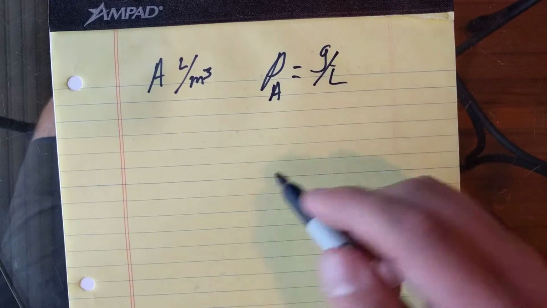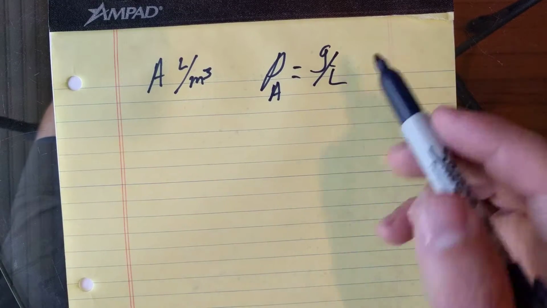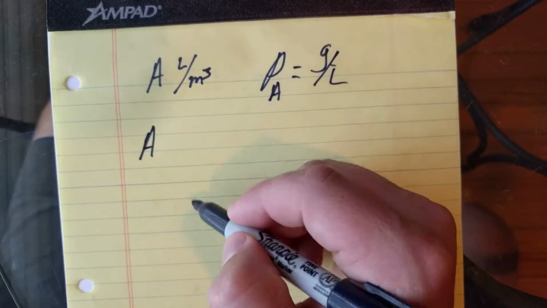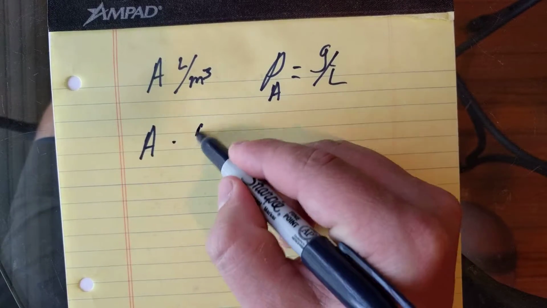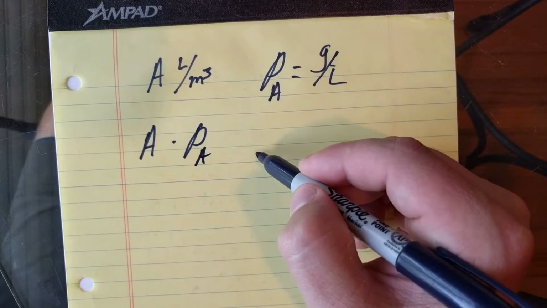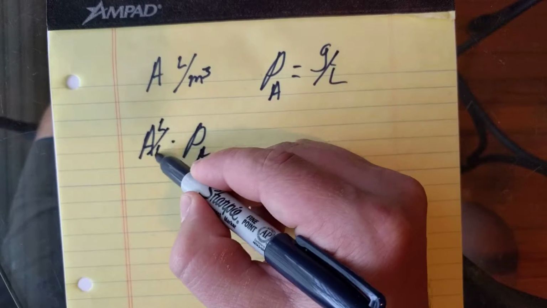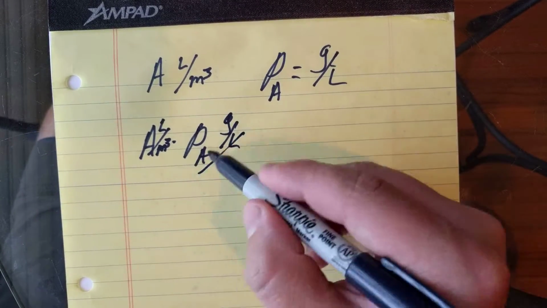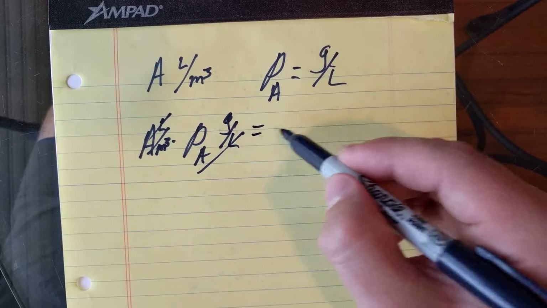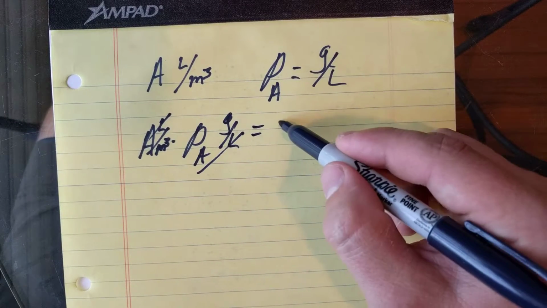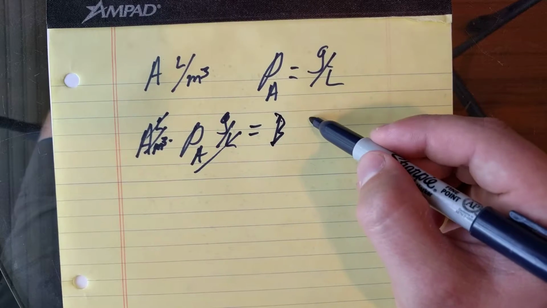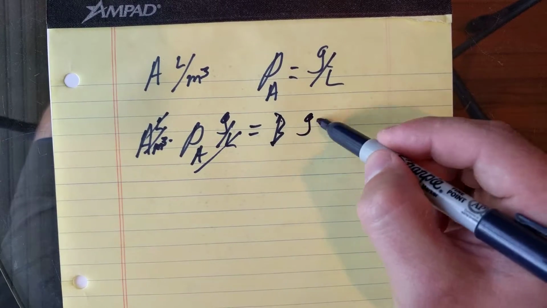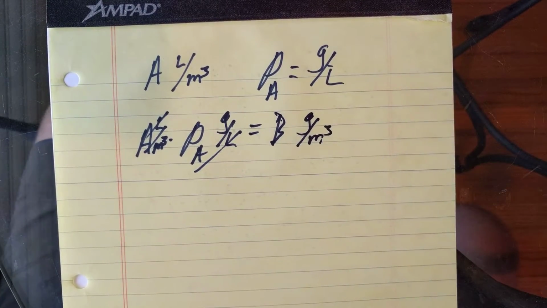Because density is mass divided by volume. I can take A times density of A, their units, meters cubed, grams per liter, and the liter will cancel out, and now I will have some quantity B that's in the units, grams per meter cubed, okay?